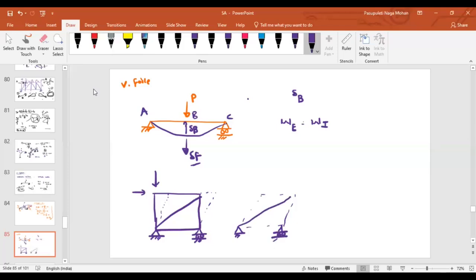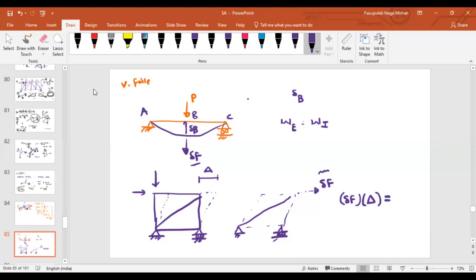On the deflected shape, let us assume I am applying an imaginary or virtual force delta F. What is the work done because of the delta F? I can say delta F into the deflection along the direction, delta. Delta F is a virtual force, and delta is the deflection corresponding to the virtual force. This is the work done because of the virtual force.